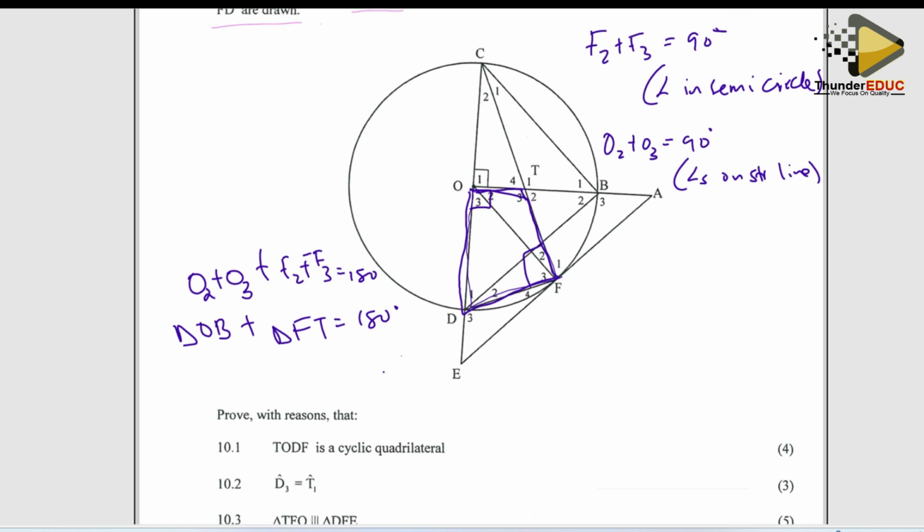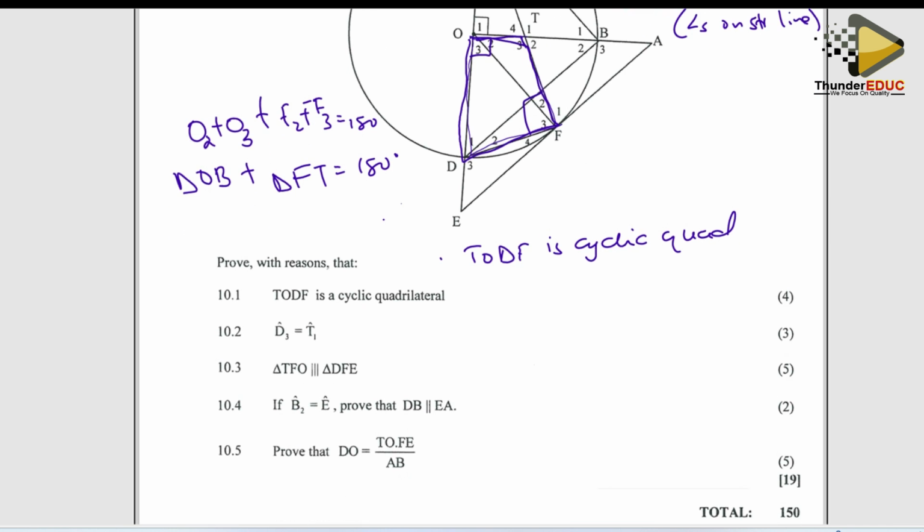As long as that is true, therefore TODF is a cyclic quadrilateral. And then the reason is going to be the converse of opposite angles of a cyclic quadrilateral. So that is that.